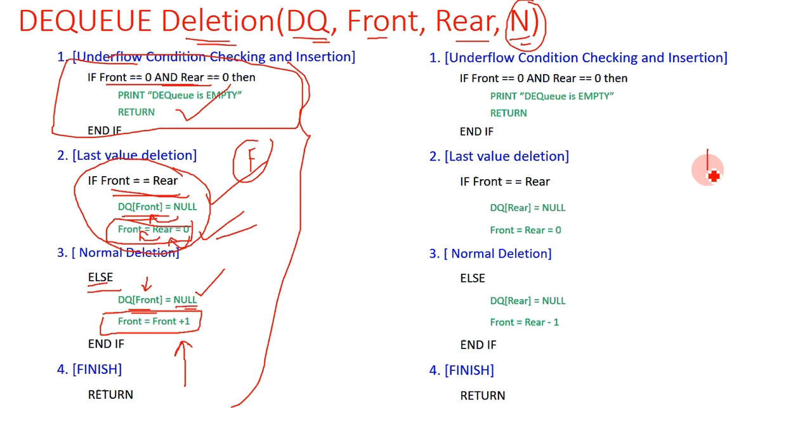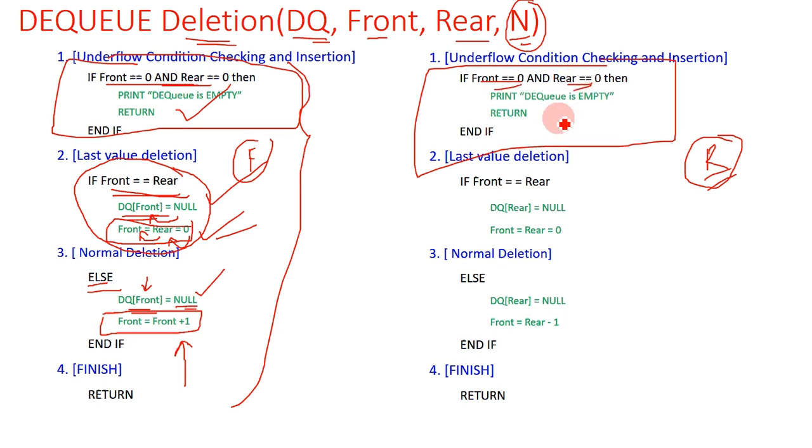Now if you want to do deletion from the rear end, in that case rear will be decremented. Okay, now let's see. This is the underflow condition. If front is equal to 0 and rear is equal to 0, it means that DQ is empty. Underflow condition is satisfied and DQ is empty. If front is equal to rear, it means you want to delete the last element.